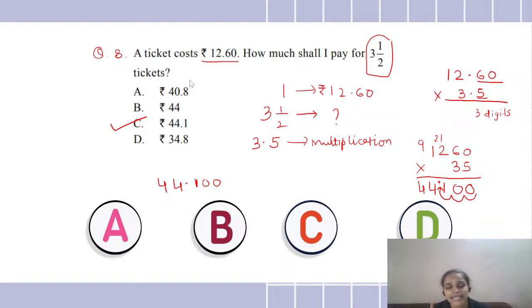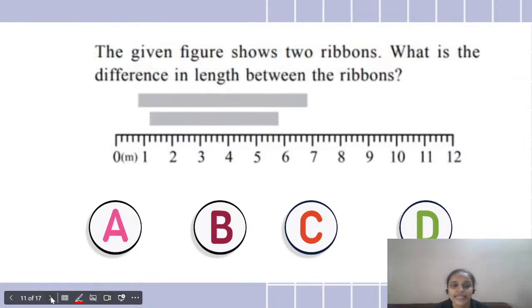So option C is the correct answer. Good job, children. This was a little tricky, but we could just simply do it by removing the decimals for the time being and then coming back to it and placing it. So the answer is 44.1.